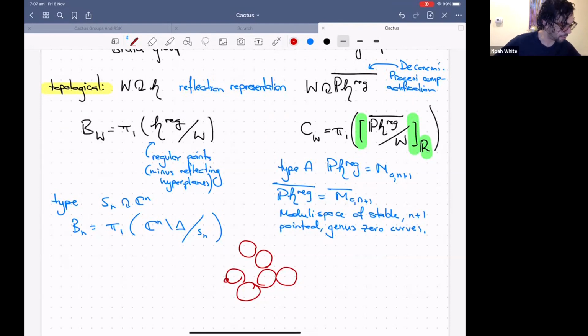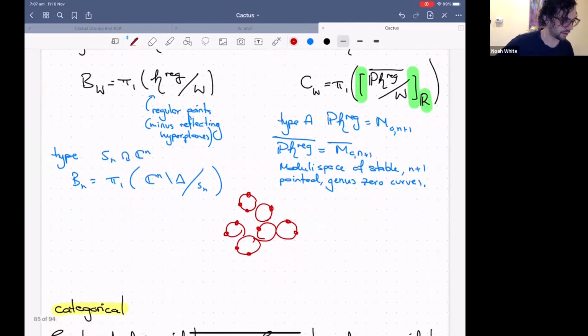And then you have points on here, and they're arranged like this in some way. Okay, so it looks like a cactus. If you've ever been to Arizona or California, this is maybe familiar. Okay. All right, so let's go down slightly.